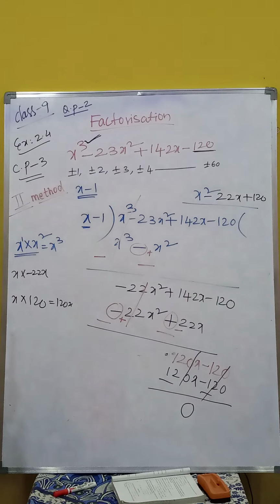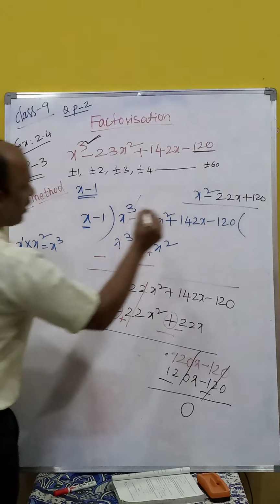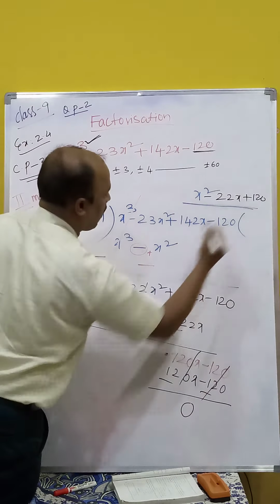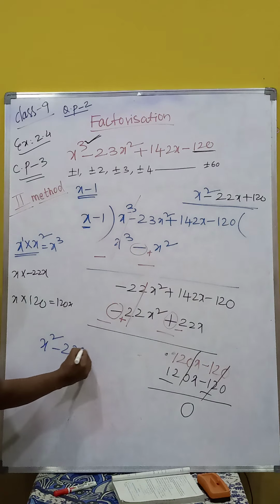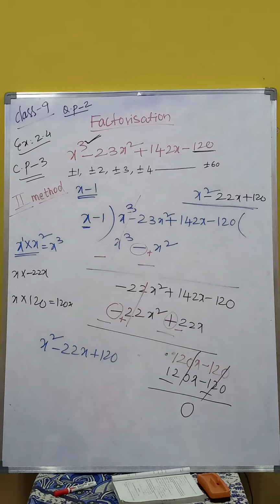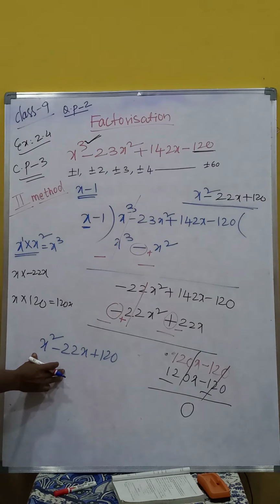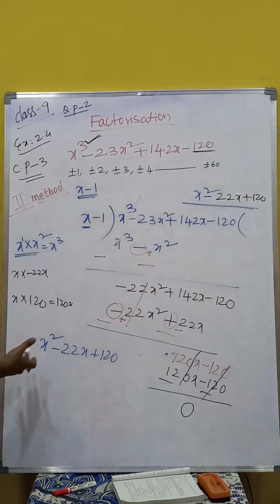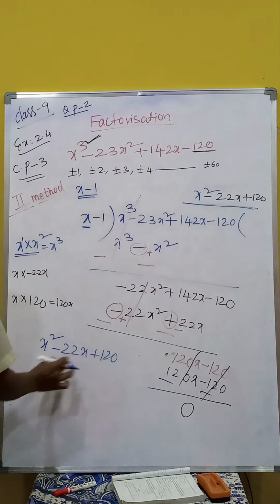Now see the quotient. What is the quotient here? x square minus 22x plus 120. What type of polynomial is it? Quadratic polynomial. From this we have to find two factors again. We know how to factorize by splitting the middle term.